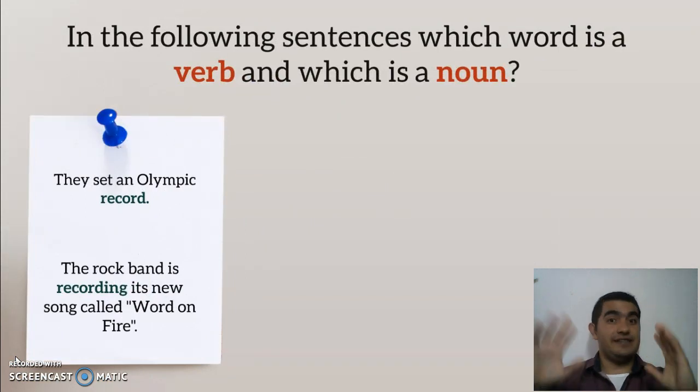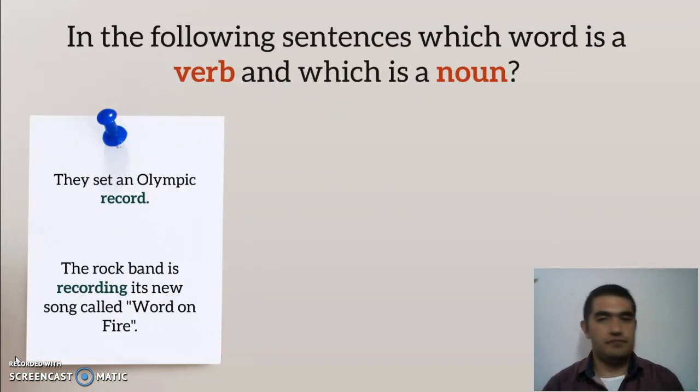Second practice. In the following sentences, which word is a verb and which is a noun? It's very simple. They set an Olympic record. The rock band is recording its new song called World of Fire. Please write in the chat the answer to the questions.